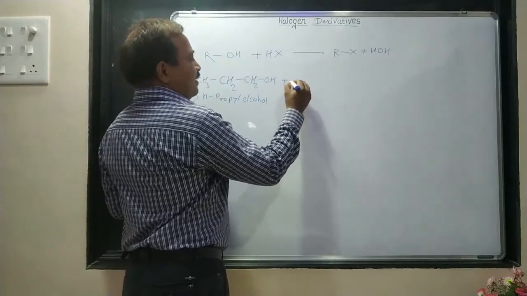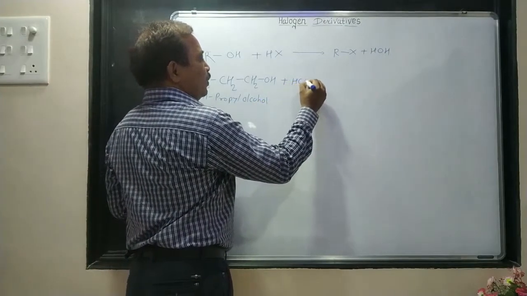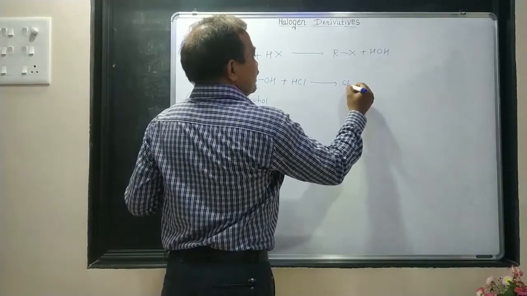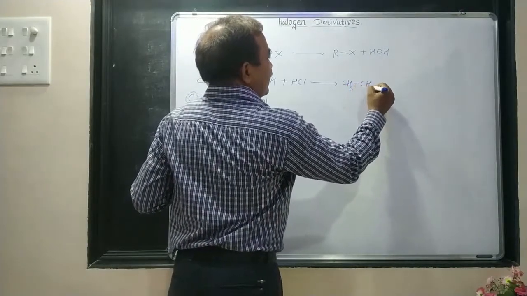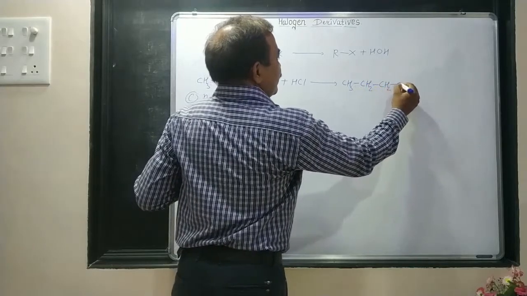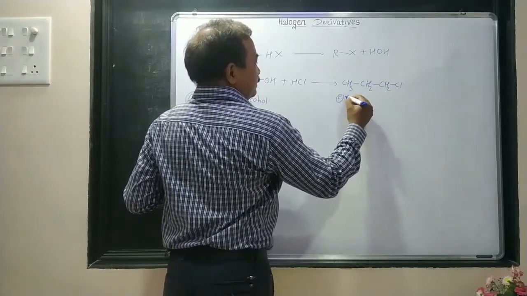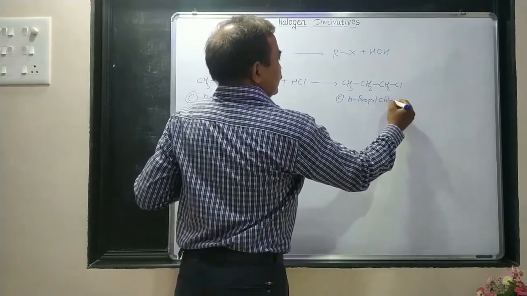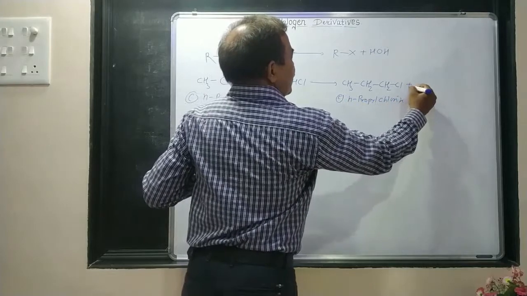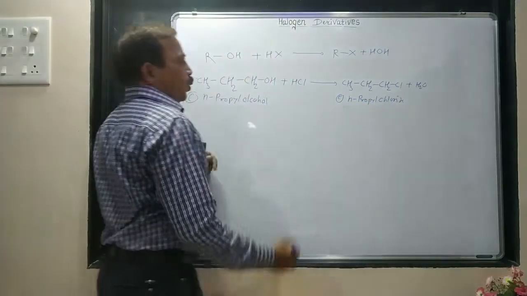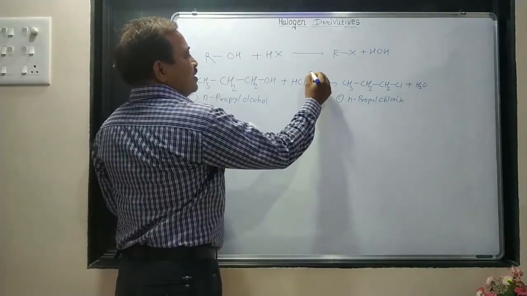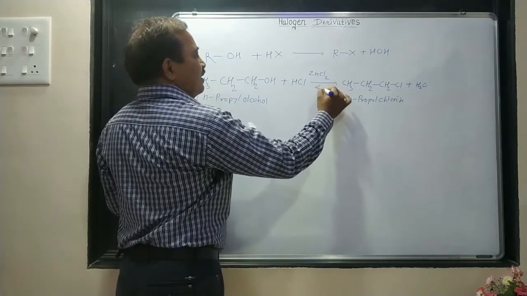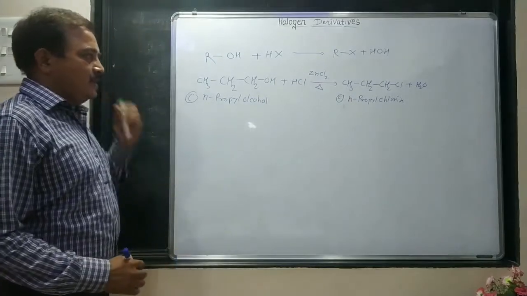Suppose I want to convert this n-propyl alcohol into n-propyl chloride. Another byproduct will form, H2O. We have to carry out this reaction in presence of ZnCl2, and heating is necessary.